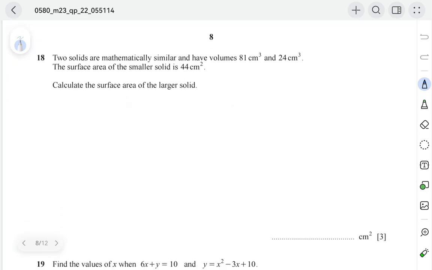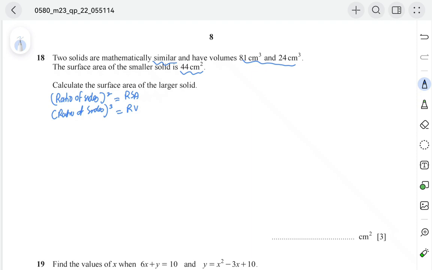Now let's move on to question 18. We're told two solids are mathematically similar. We're told the volumes of both of them and the surface area of one of them. Let's recall a few things. We know that the ratio of sides squared is equal to the ratio of surface area, which we will abbreviate to RSA, and the ratio of sides cubed is equal to the ratio of volume, which we will abbreviate as RV.